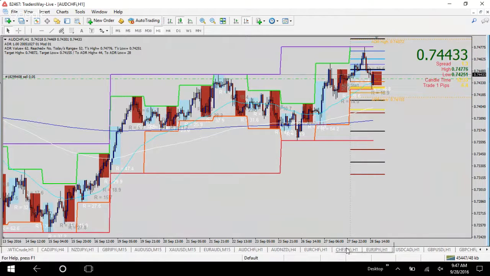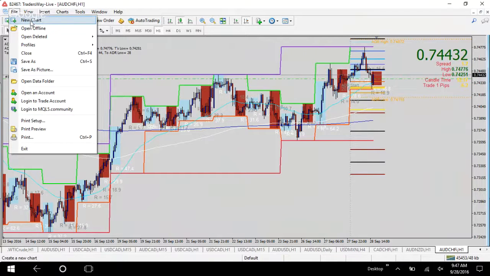So that is Euro GBP, and I believe the other is AUD CAD. Let me bring up Euro GBP real quick.